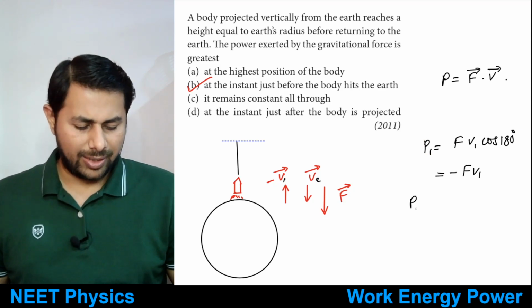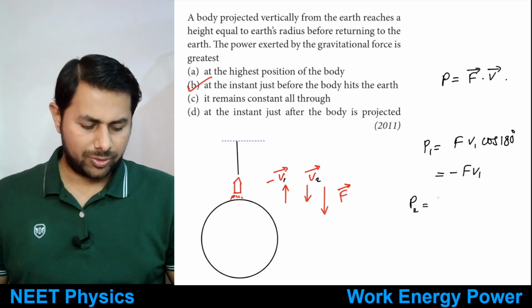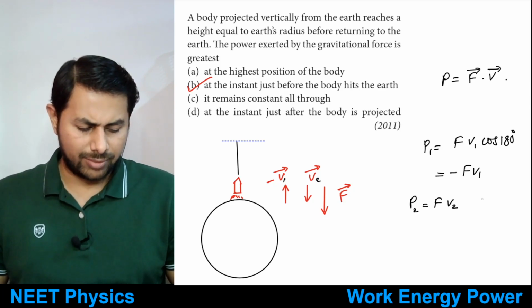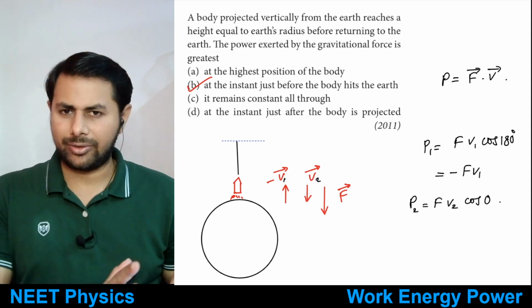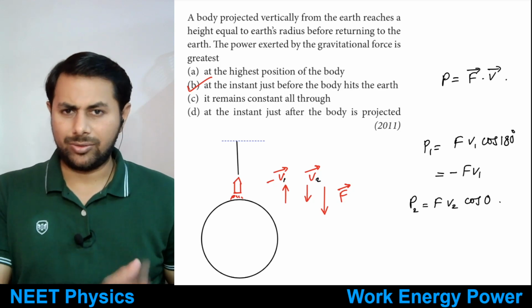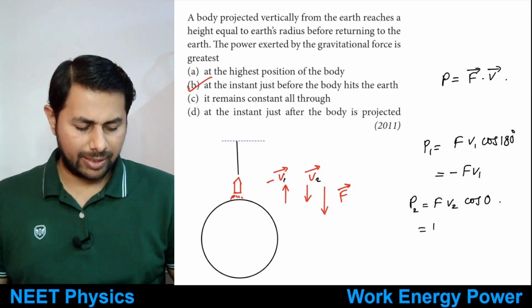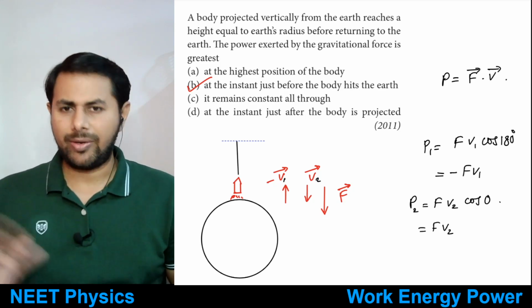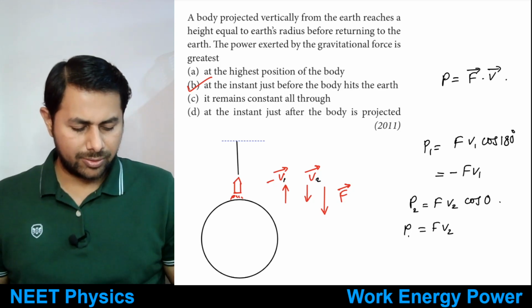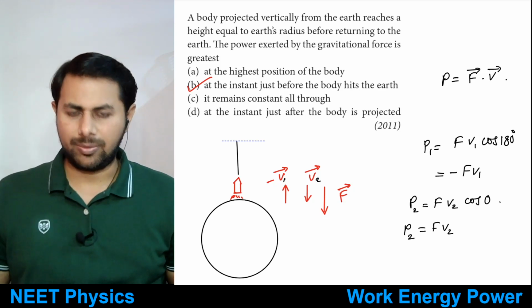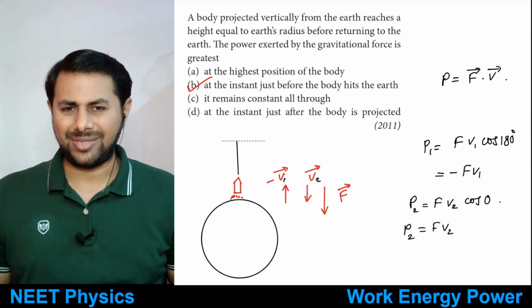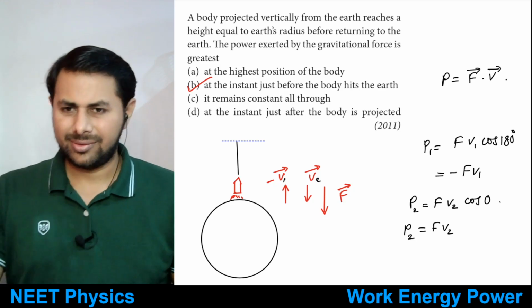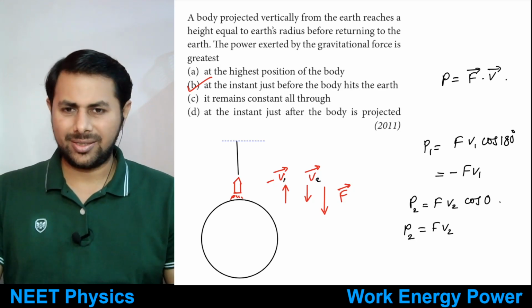And final power P2 is F times V2 multiplied by cos of 0, which is 1, so it's F times V2. V1 is equal to V2, but the direction is opposite. So power is maximum in the second case. Okay, so this is clear.